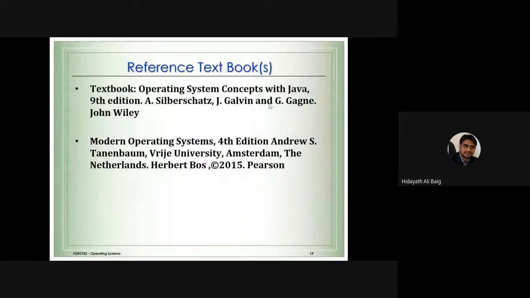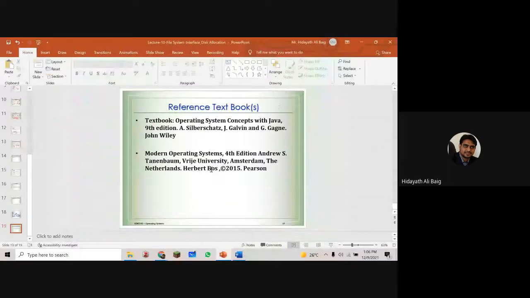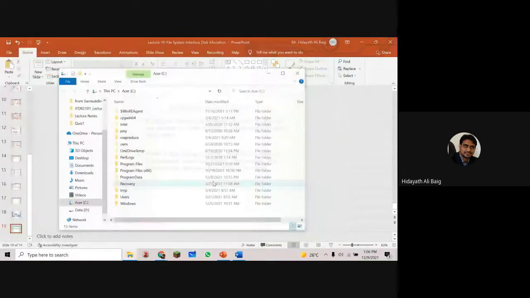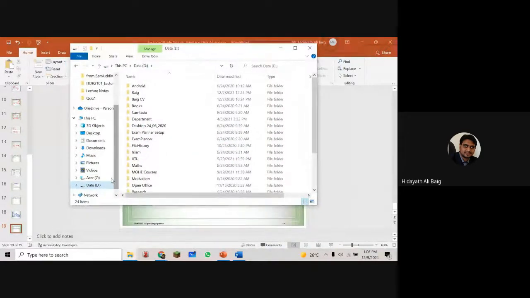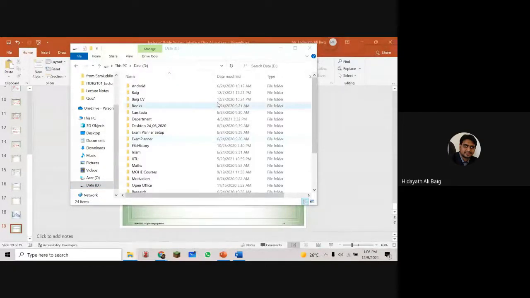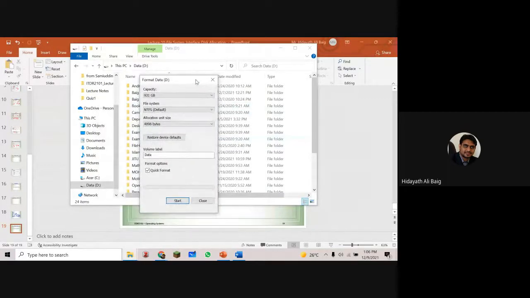Just one small point, and I will complete the lecture, just to help you understand the file system. If, for example, I want to format my disk, see here, I want you to know this.